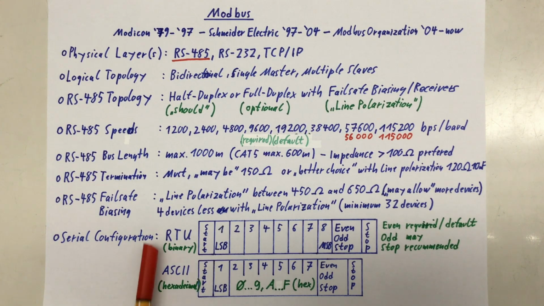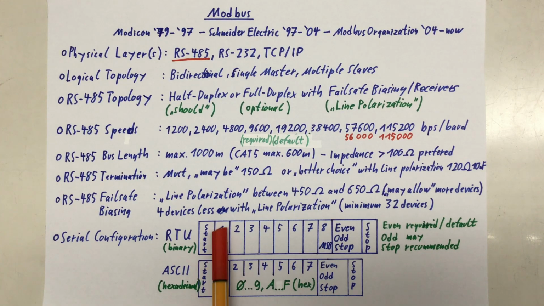Modbus has 2 different transmission modes. RTU, which stands for Remote Terminal Unit, you can think of as binary transmissions, and ASCII, which you can think of as hexadecimal transmissions. In RTU mode, we first have a start bit, which is kinda unavoidable because any standard UART will first send a start bit. Then we have 8 data bits, least significant bit first, most significant bit last.